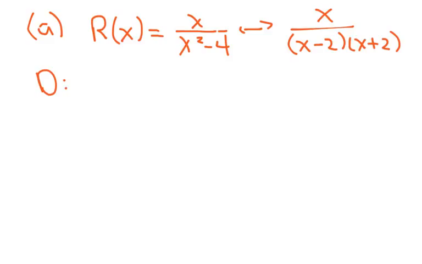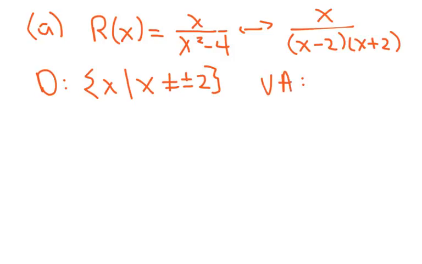Our domain is x such that x can be all real numbers, but it can't be plus or minus 2. Because if you put plus 2 or minus 2 in here, you'll get a 0. That means we have a vertical asymptote at the lines x equals plus or minus 2.